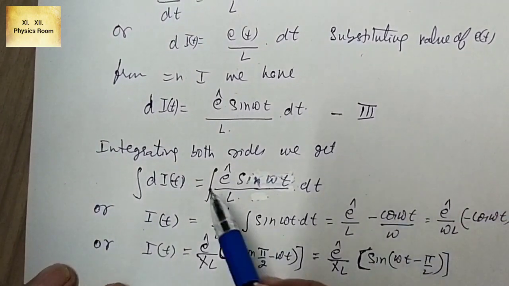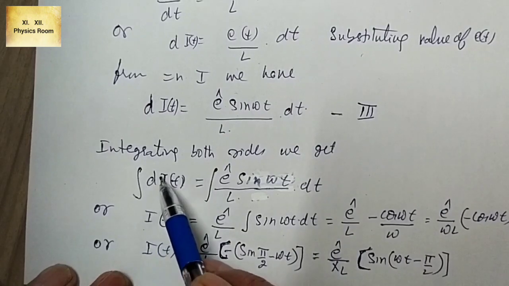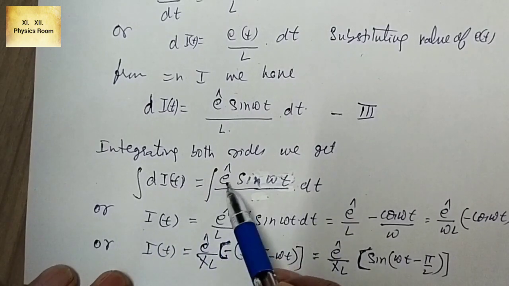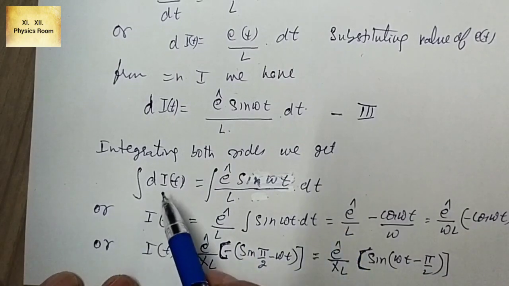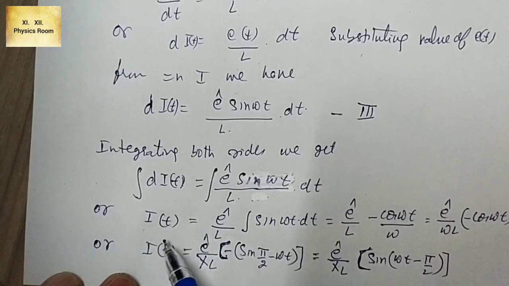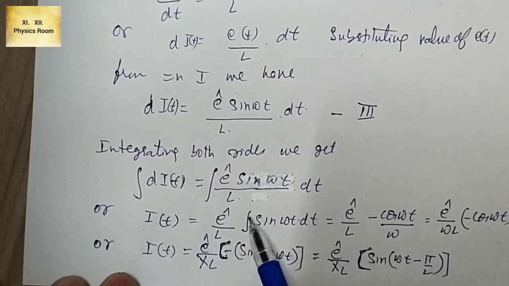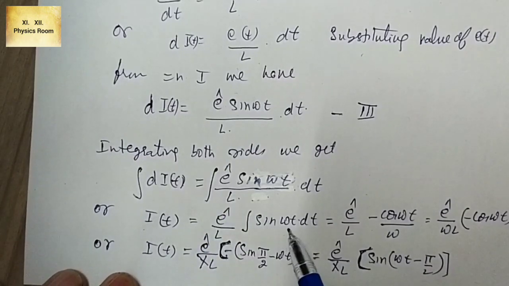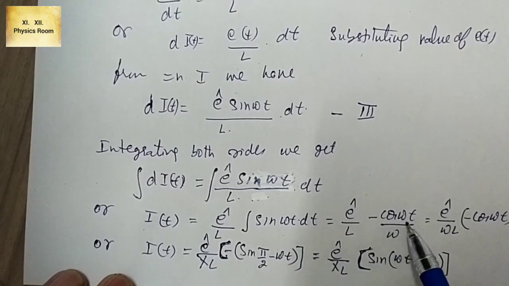Now integrating both sides of equation 3, we get integration of di equal to integration of E max sine omega t by L into dt. Integration of di is I(t), equal to E max by L, we take out the constant, inside we write sine omega t dt and integrate it. Integration of sine omega t dt is minus cos omega t divided by omega.